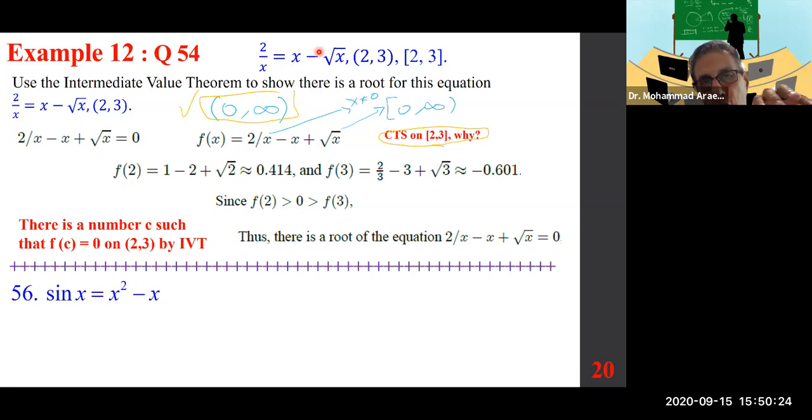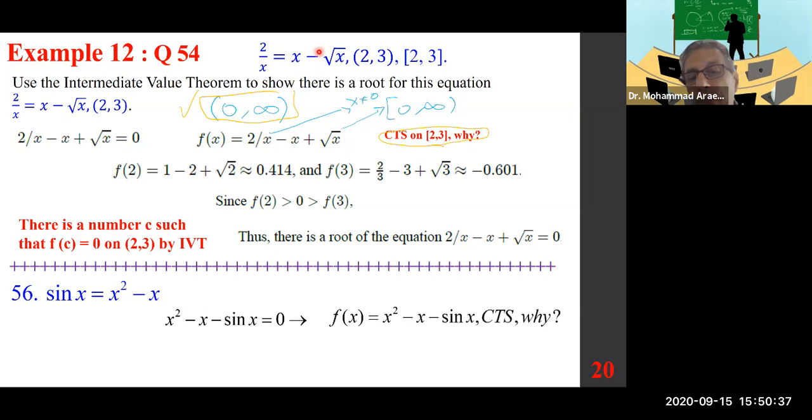We bring it to one side and we give it a name f of x, okay? Again, doesn't matter which side. And this function is continuous. Why is that? Well, if you're claiming it's continuous, you got to be able to come up with the domain. So let's do that, class.